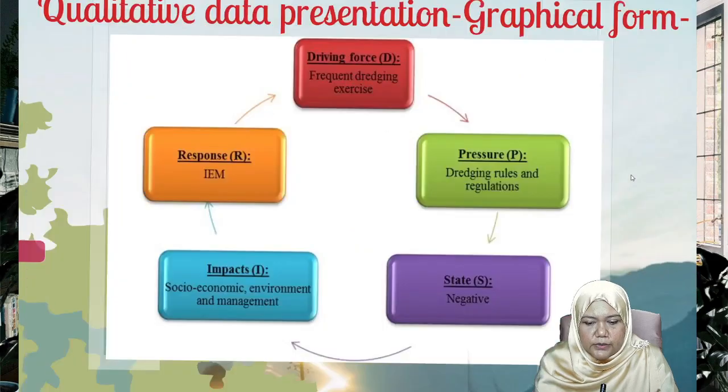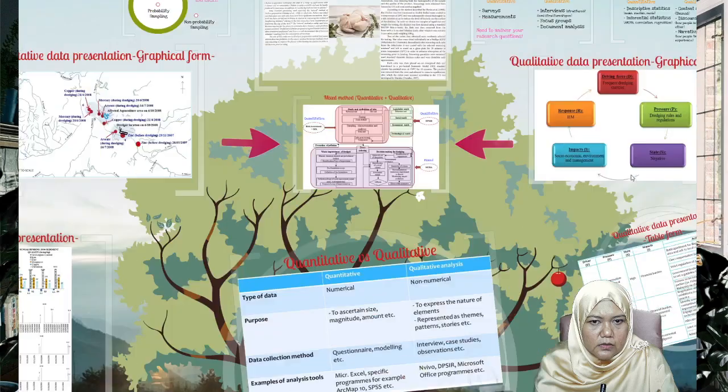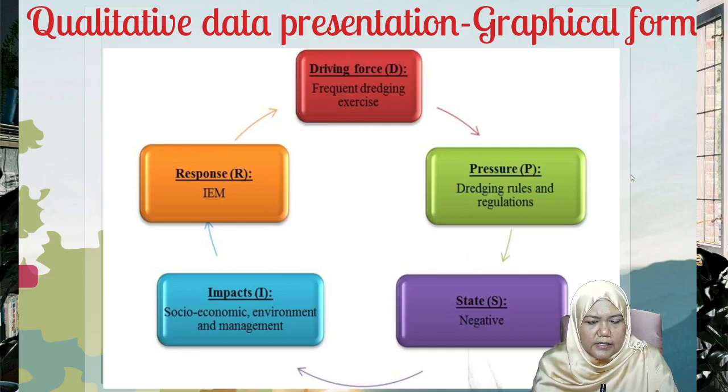So that is one way of representing the qualitative presentation. Another form is by using table form. Another form to represent the stories is through graphical form, like I'm showing you now.